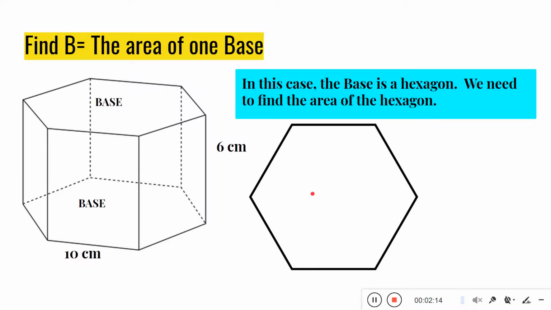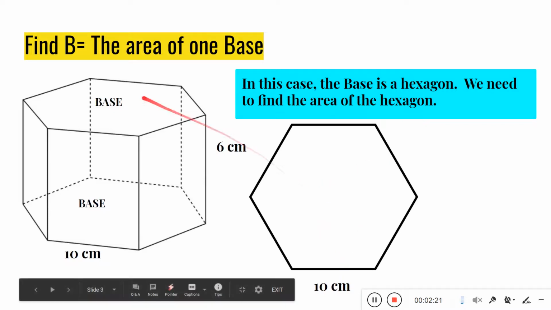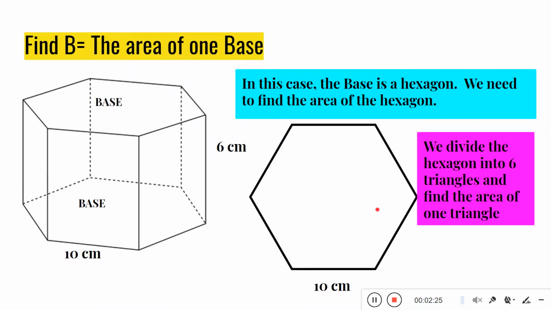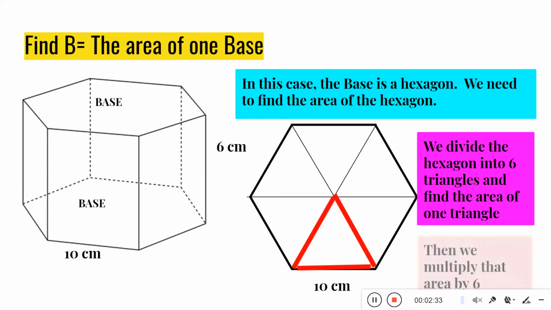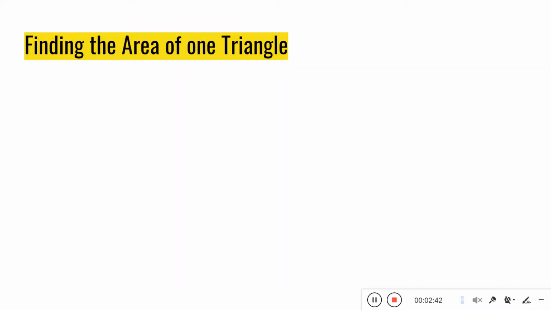So here's a regular hexagon, and the side is 10, so this represents one of these bases. If you remember, we divide the hexagon up into 6 triangles, and then we find the area of one triangle, and we multiply that area by 6, and that gives us the area of the hexagon. So let's review that a little bit.